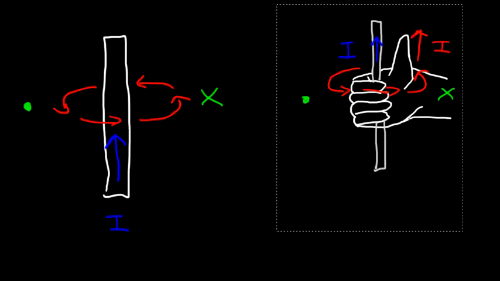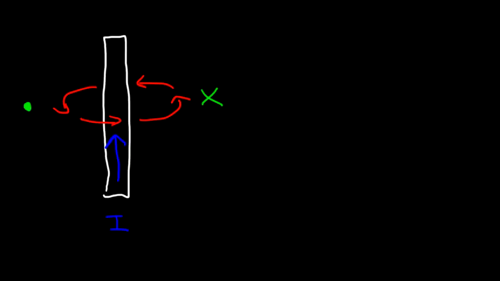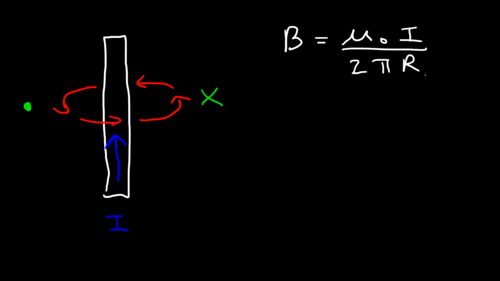Now there's an equation that allows you to calculate the strength of the magnetic field created by such a wire. Here's the equation. B is equal to μ0 times I divided by 2πr.